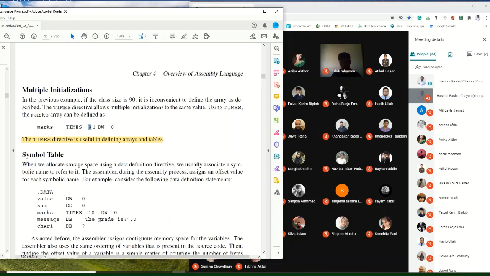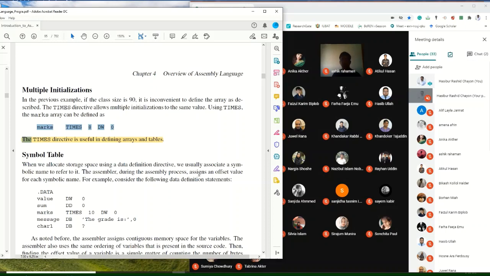Then each element is which type: either a byte, word, double word, ten words or quad word. So this is the type and the initial value of the first one. So that's how we can define an array in assembly language. Fine.